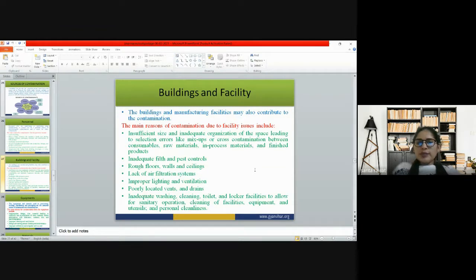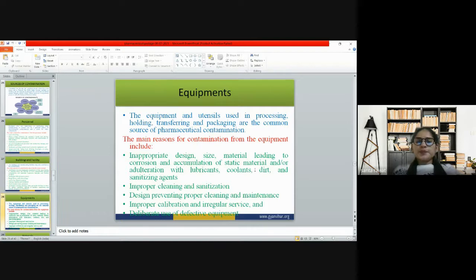So these are the building and facility factors by which contamination chances increase.